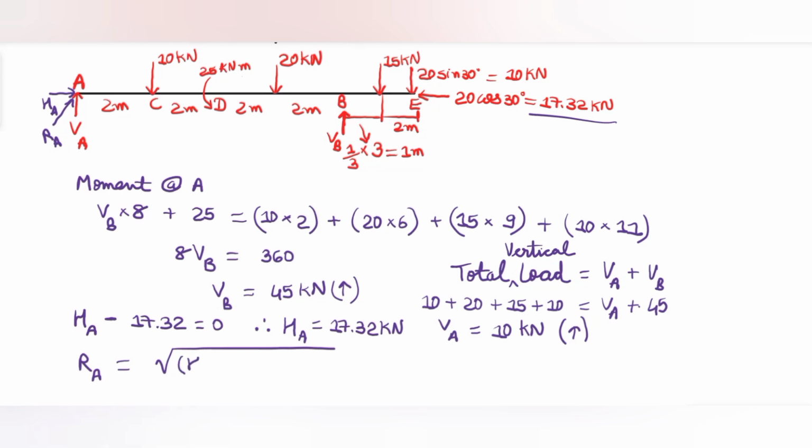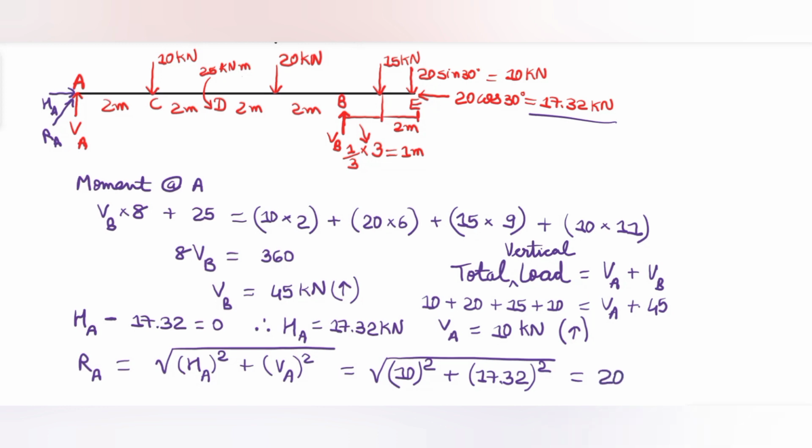Then we have RA, which we find using this equation. RA is equal to under root of HA square plus VA square, that is 10 square plus 17.32 square. We get it equal to 20 kilonewton. And then we'll also find tan theta. So tan theta is equal to VA upon HA.